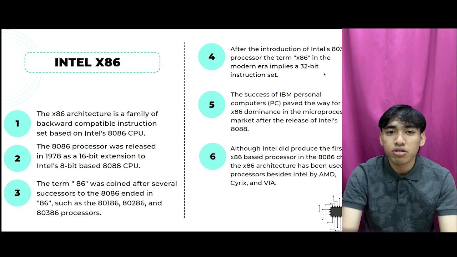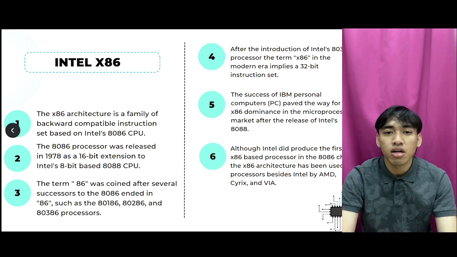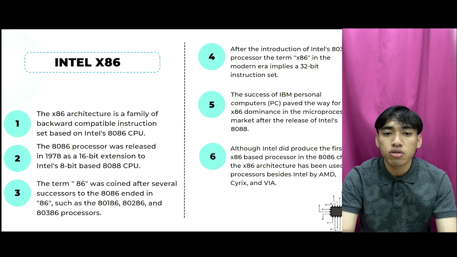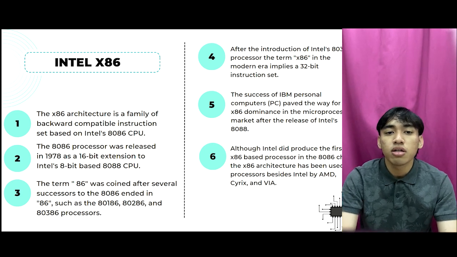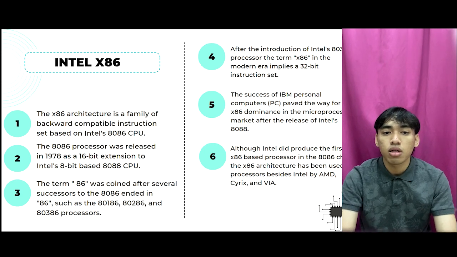Okay, about Intel X86. Firstly, the X86 architecture is a family of backwards compatible instruction sets based on the Intel 8086 CPU. Second, the 8086 processor was released in 1978 as a 16-bit extension to Intel's 8-bit based 8088 CPU.